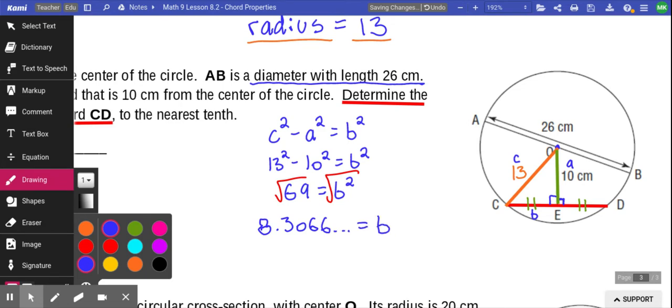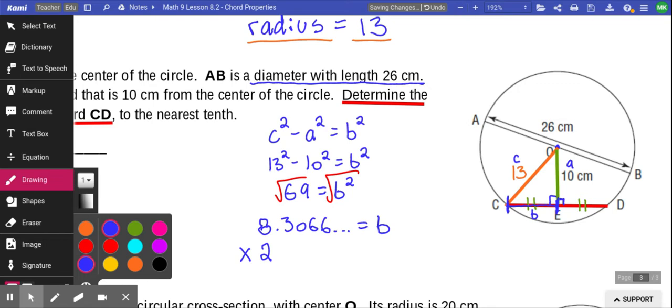The reason I'm not rounding it to the nearest tenth right now is because it's not my final answer, right? B was only this length to this length. I'm trying to figure out all of CD. So what I need to do is multiply that by 2, and that would give me the entire length. And because it wasn't a final answer, I don't want to round until my final answer.